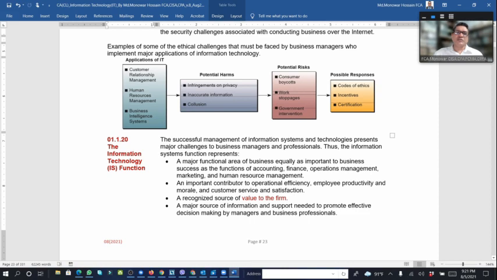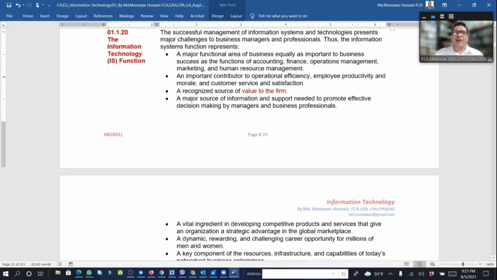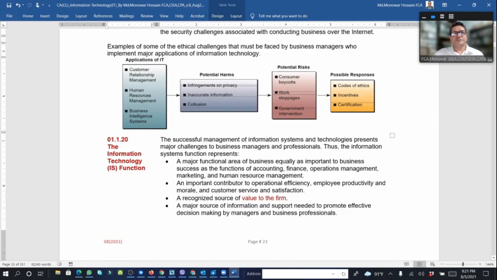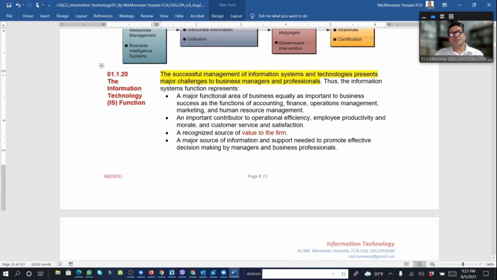The information technology function: here you see that the function is the successful management of information system and technology resources, a major challenge for business managers and professionals. It is a major functional area of business, equally as important for business success.